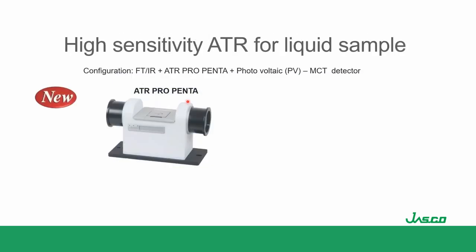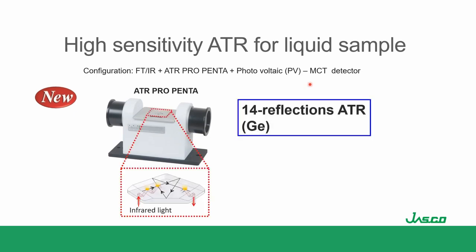So for those measurements that are really low in concentration, at JASCO we offer a high sensitivity ATR for liquid samples, and we combine this with an FTIR bench and the ATR Pro Penta, this accessory that we see here, in combination with an MCT detector, an affordable type that is a high sensitivity detector.